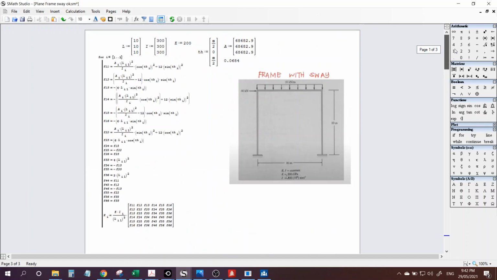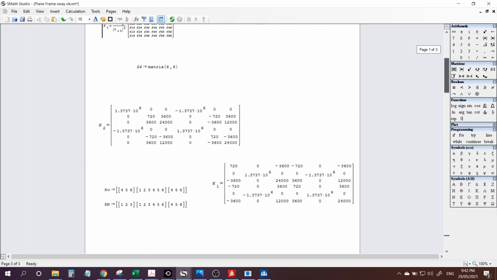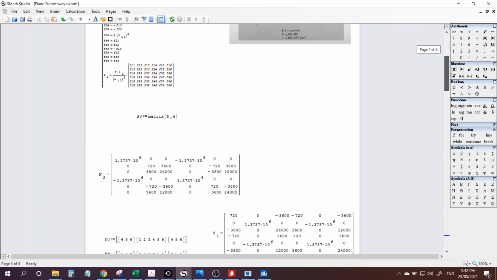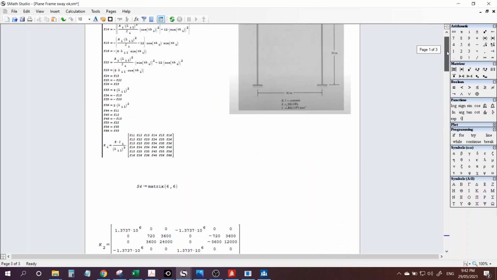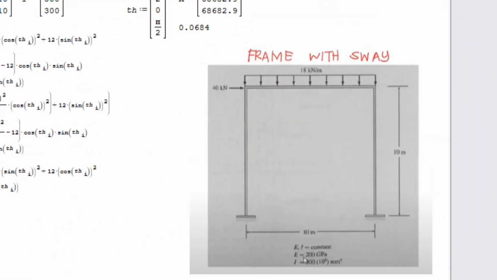You can analyze both sway and non-sway frames without tweaking the stiffness matrix, such as making this code 3 and this code 6 equivalent.